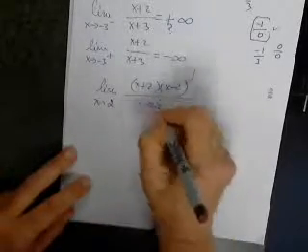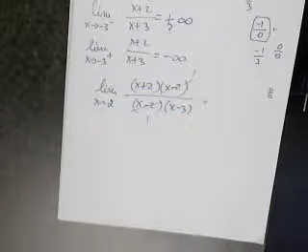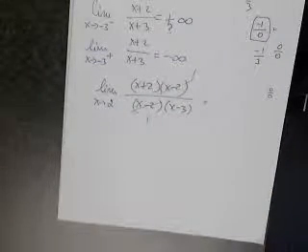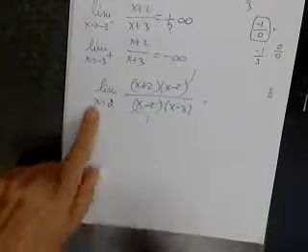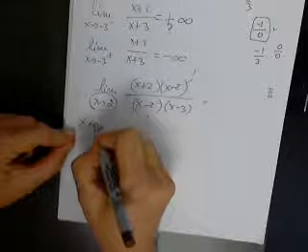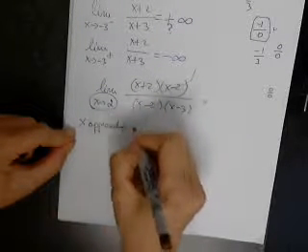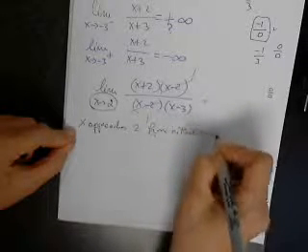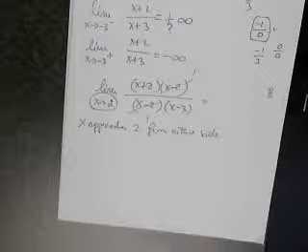Since I already chose a simple example, what do I do with x minus 2? Am I allowed to cancel it? Yes, because I can never replace x by 2. I do it on the side to see what I'm facing, but I'm not allowed to plug in 2. This specifically says x approaches 2 from either side. So I'm allowed to simplify.